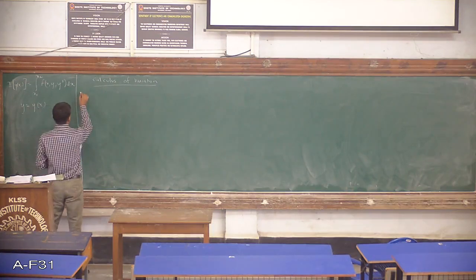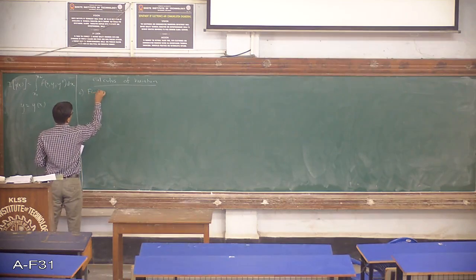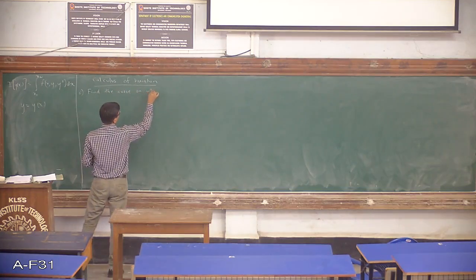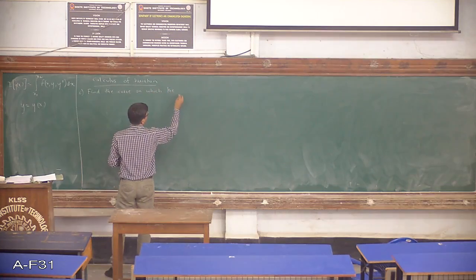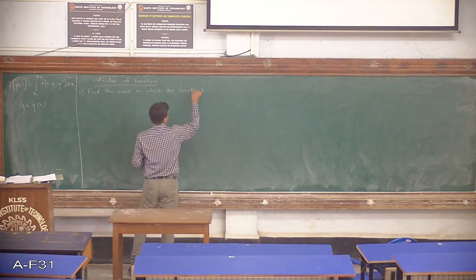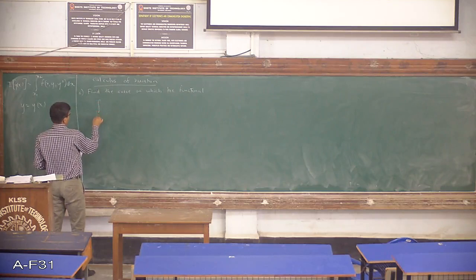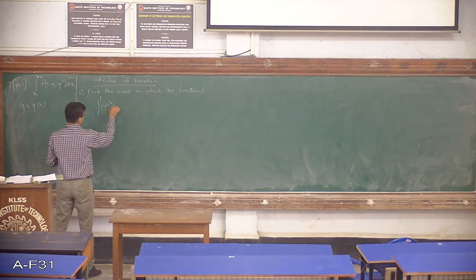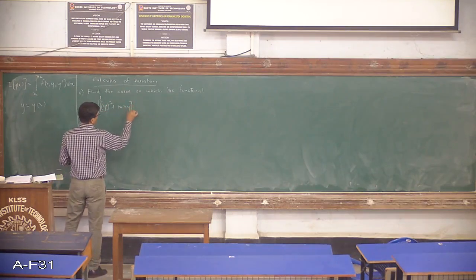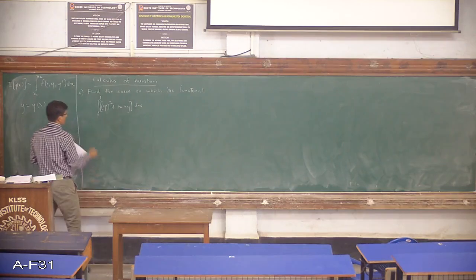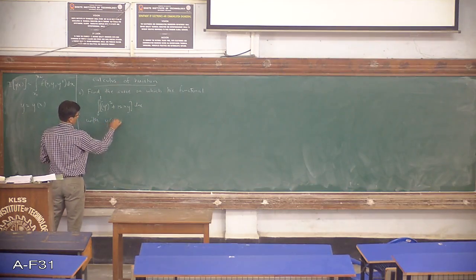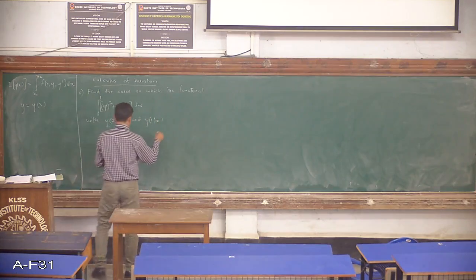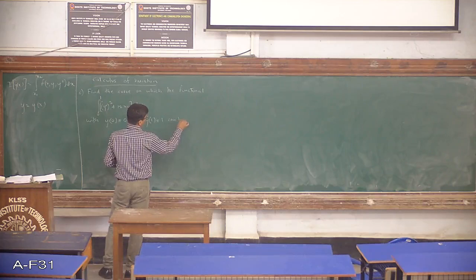So let me have another problem, and that is my sixth problem, that is find the curve on which the functional, that is integration from 0 to 1 of y prime square plus 12xy into dx, with y of 0 is equal to 0 and y of 1 is equal to 1, can be determined.